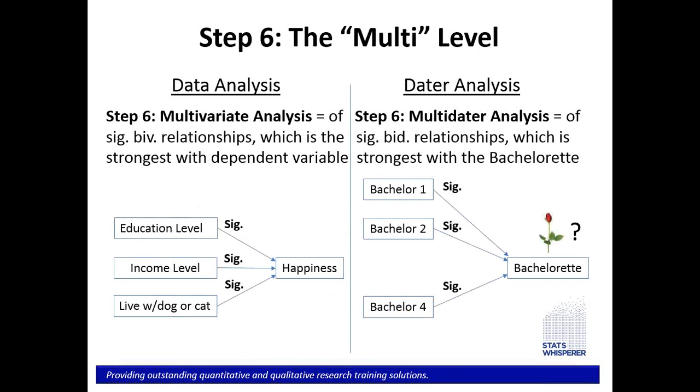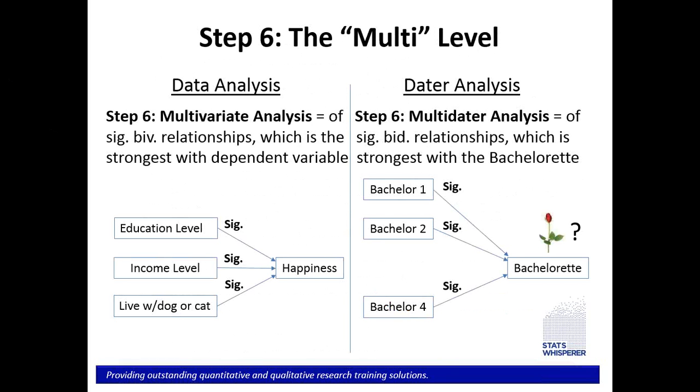Okay, so if we're looking at our parallel between data analysis and The Bachelorette, for the bachelorette, step 6 is where she considers, among all the bachelors she has a significant one-on-one relationship with, which one she has the strongest relationship with.